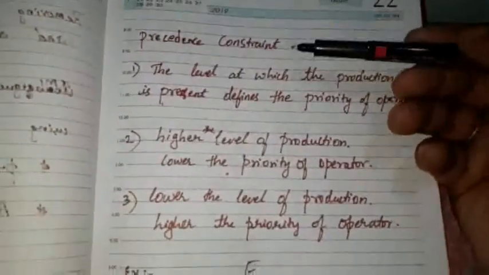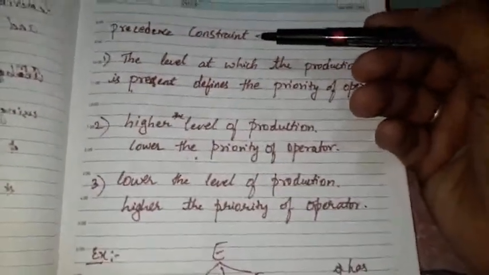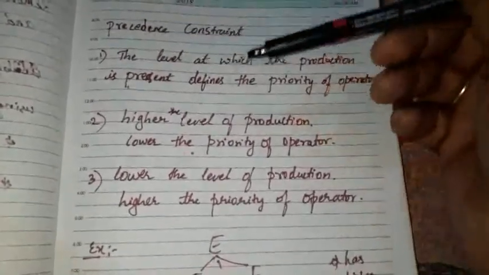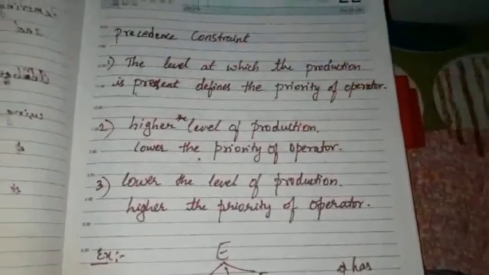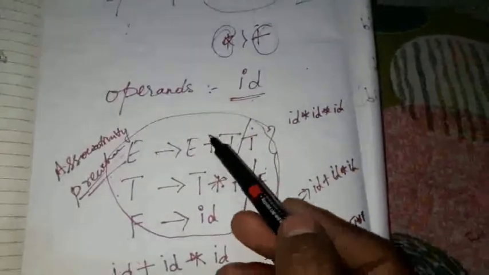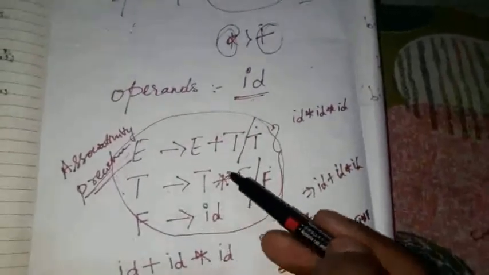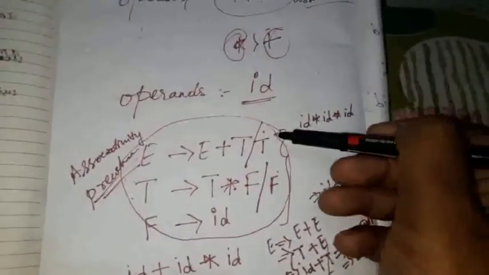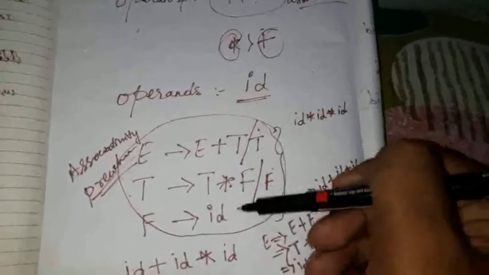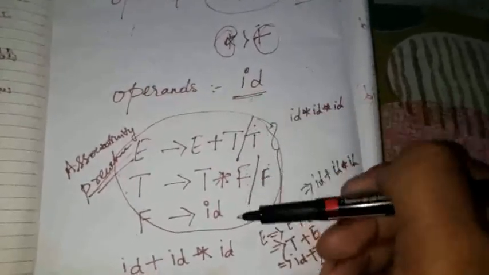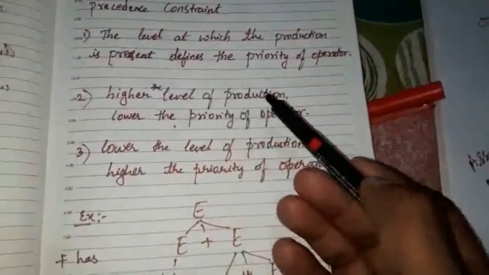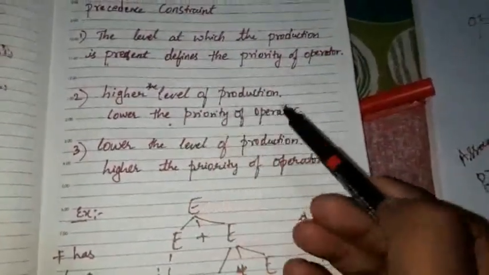What the precedence constraint says is, the level at which the production is present defines the priority of the operator. See here, the topmost production has plus in it, the next production has star in it, and ID is at last. So the level at which you have the operators will say its precedence. So what precedence does it say? The higher the level of the production, the lower the priority of the operator.